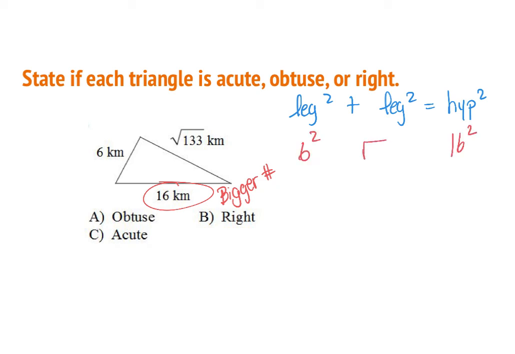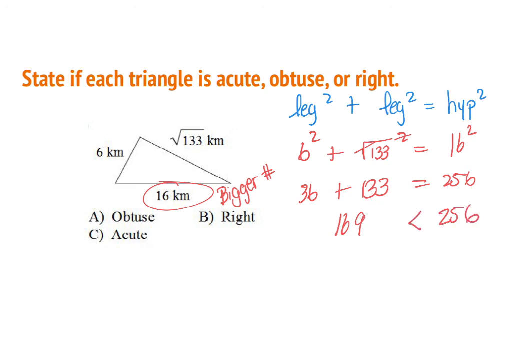So 6 squared, and then the square root of 133 squared. 6 squared is 36. Square root and a square cancel out, and I'm left with just the radicand. And then 16 squared is 256. So we have 36 plus 133, so that's equal to 169.